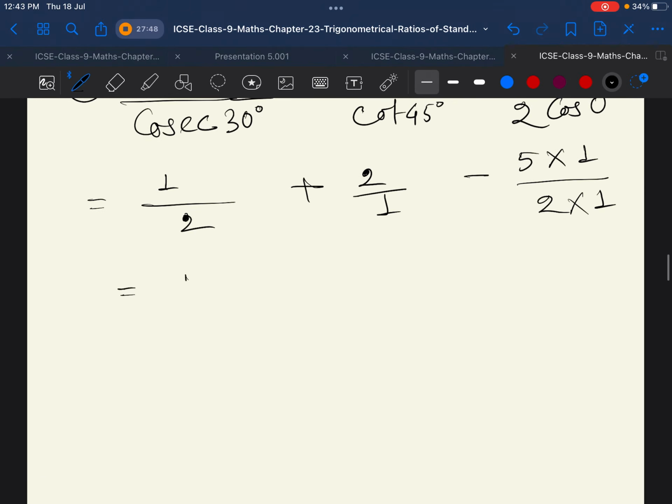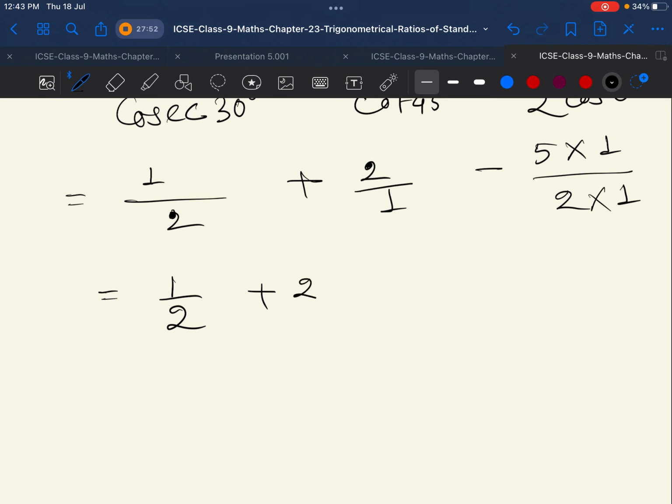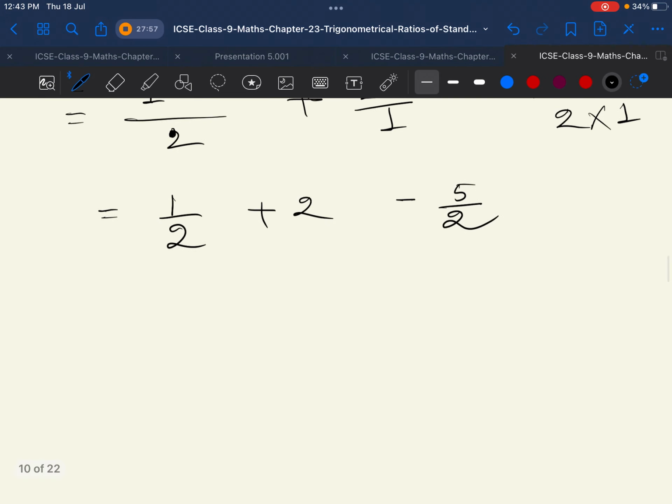Okay, so this is 1 by 2 plus 2 by 1, we can write 2, minus this is 5 by 2. So here LCM is 2. 2 by 2 is 1, 1 into 1 is 1, plus 2 twos is 4, minus 2 by 1, 1 into 5 is 5.